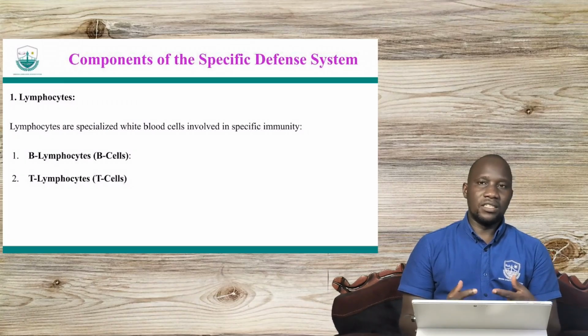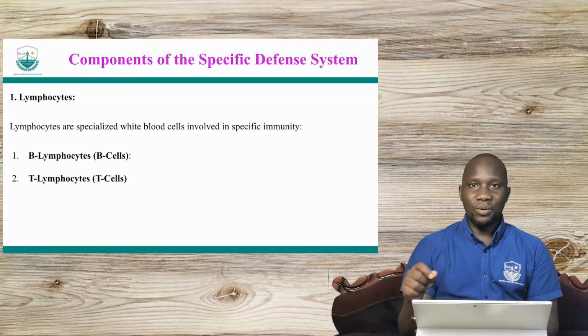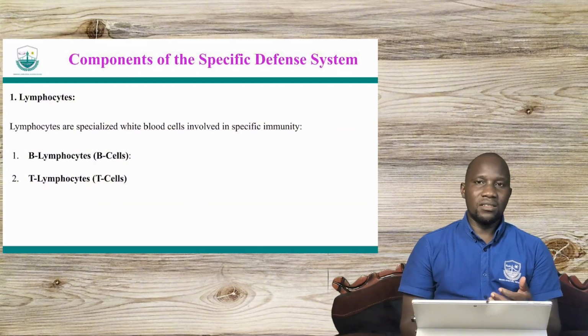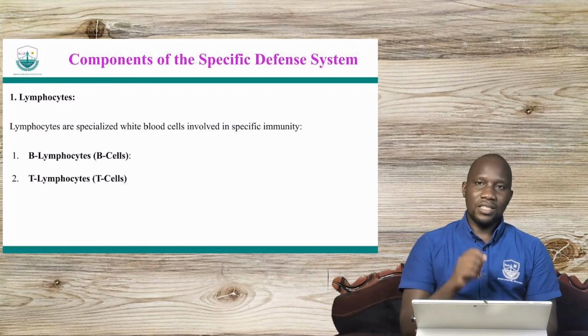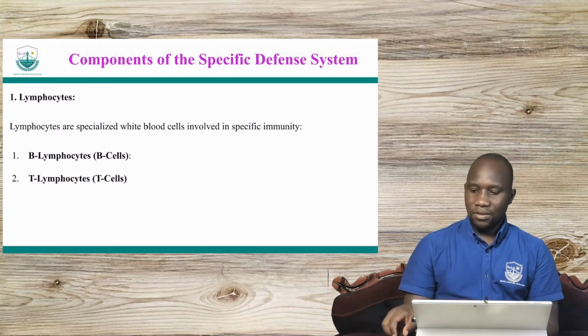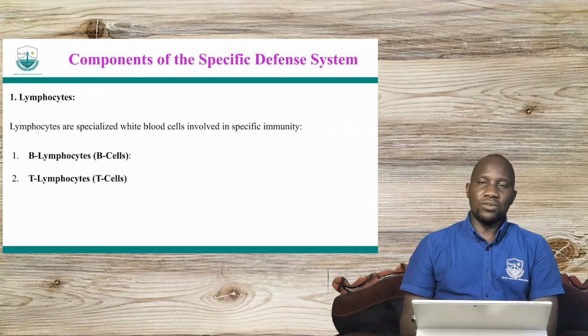The B lymphocytes come from the bone marrow. B, bone marrow. And then T lymphocytes mature in the thymus. T, thymus gland. Okay? Let's look at each of these types of lymphocytes.